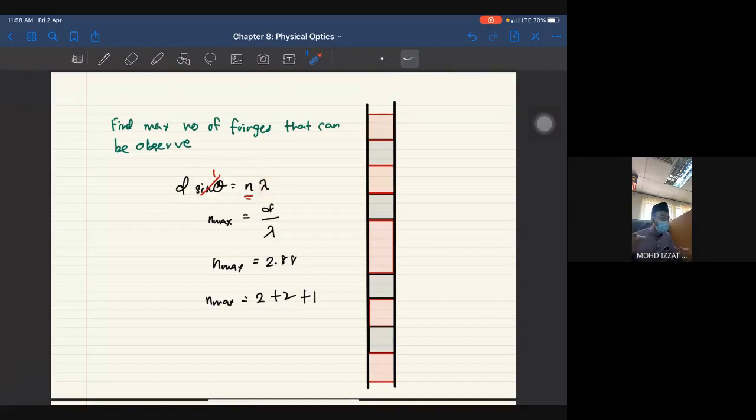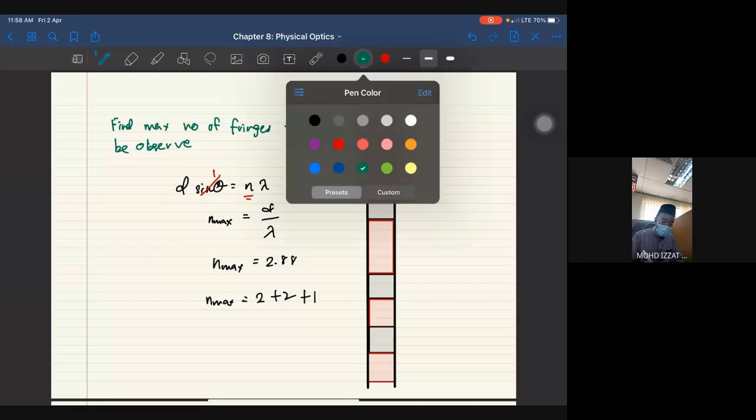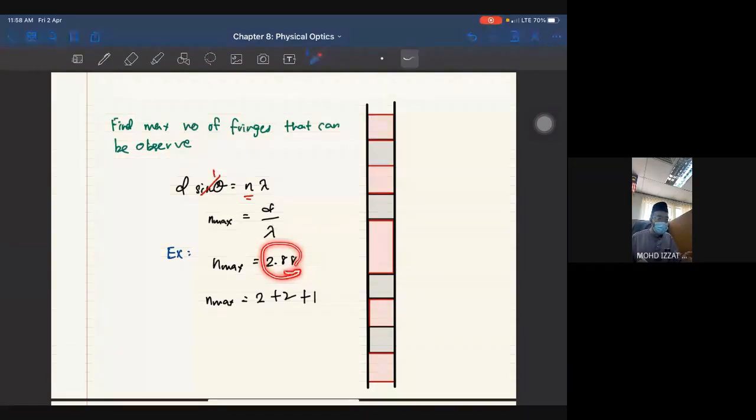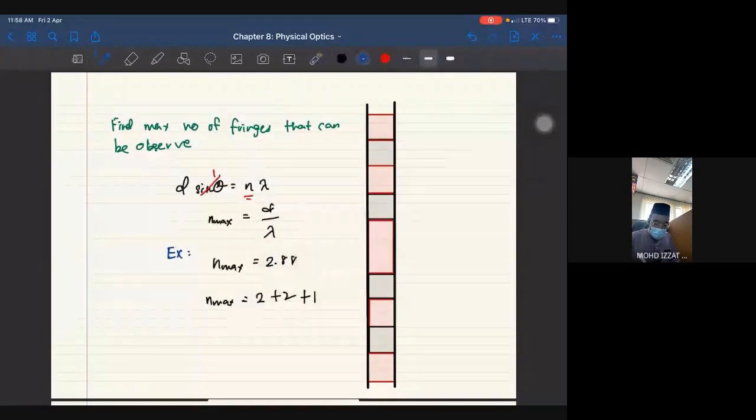Okay, example. You calculate and you get 2.88. The first thing you need to do is round it off to a whole number. But don't round it to 3. Even if it is 2.99, don't round it off to 3, because it means this. This one is when n equals 1.